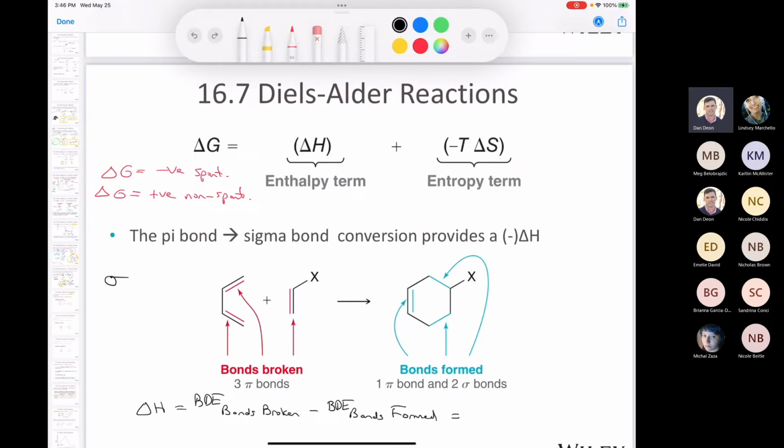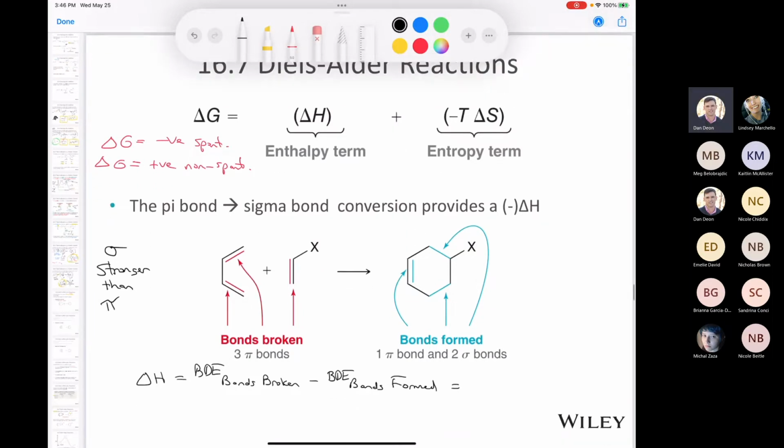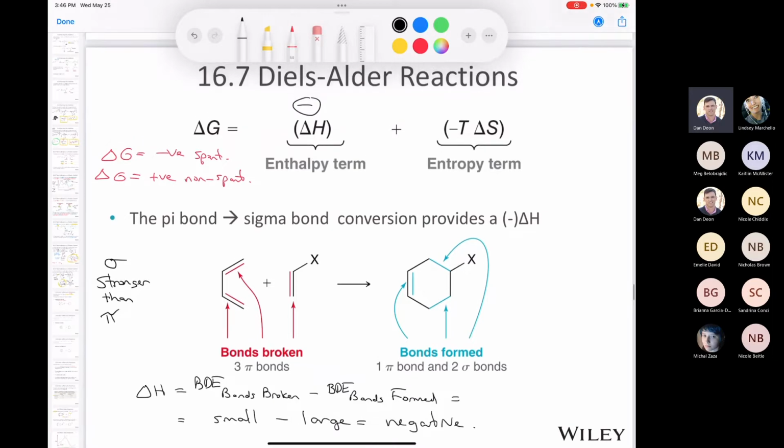A sigma bond, sigma is stronger than pi. Therefore, if you're breaking 3 pi bonds, you're going to be taking a smaller number. And then if you're forming bonds that are stronger, then you're going to be subtracting a large number. And therefore, you're going to get a negative number. So that means that your enthalpy term is going to be negative. There's nothing you can do about that. So delta H is always negative.